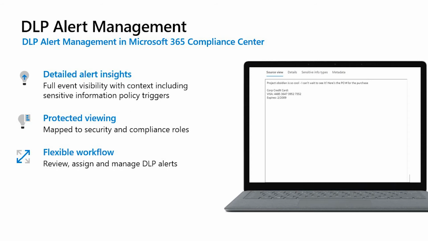So folks like compliance administrators, compliance data administrators, security administrators, security operators, and security readers within your environment. The DLP alert management capability supports advanced workflows to review, assign and manage DLP alerts with actions and also status information, including an active, investigating, resolved, or dismissed flag, so you know what is happening with these alerts directly. So Moz, could you show us a little bit more detail about the alert environment?